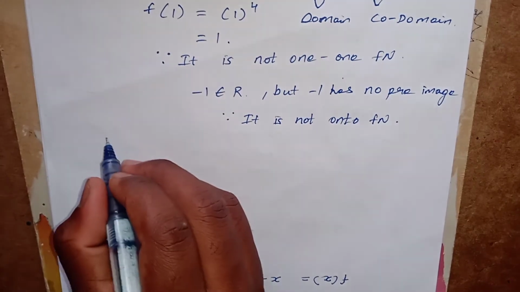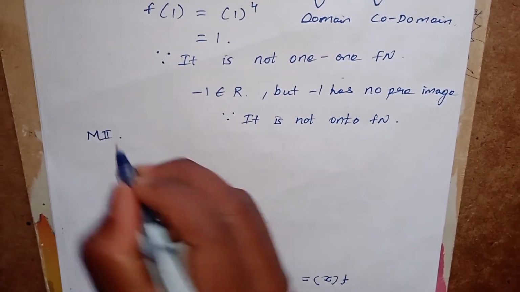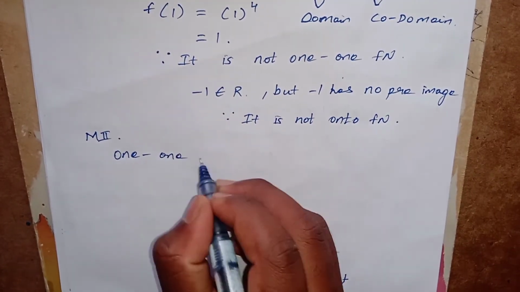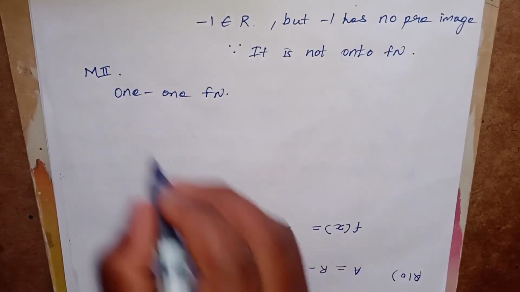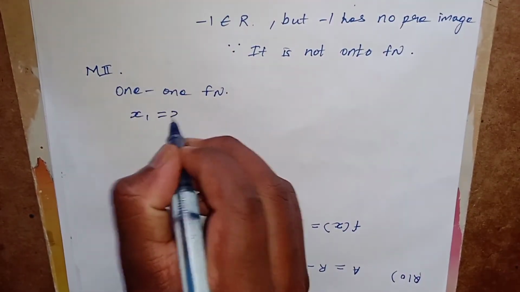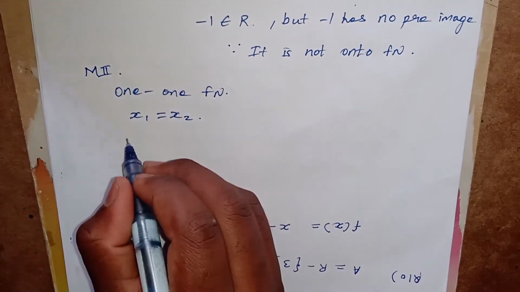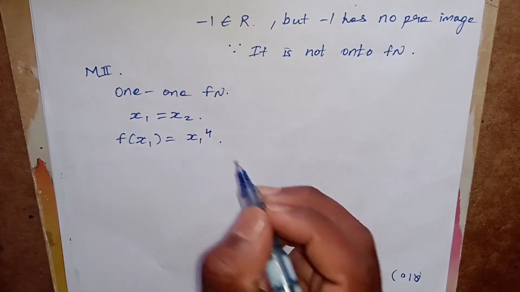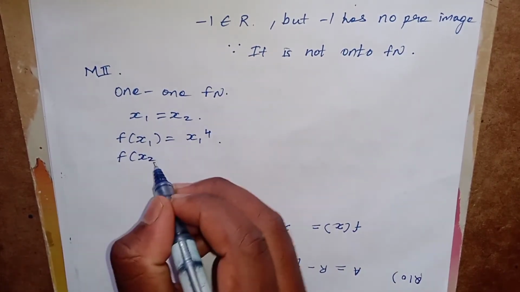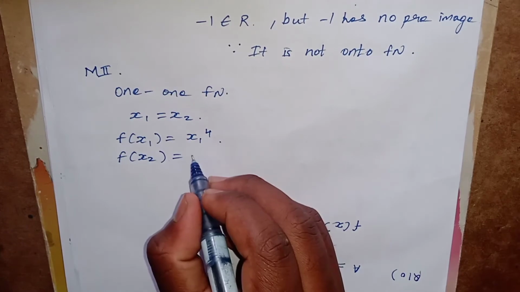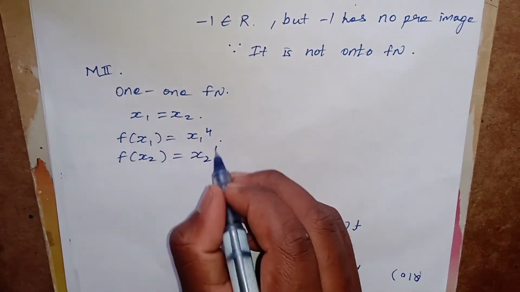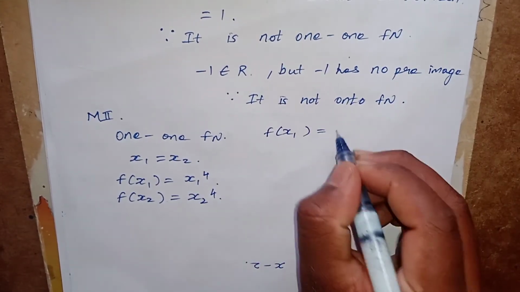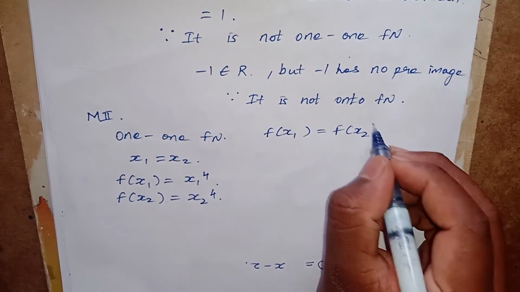By the definition, method 2 I am teaching. For one-one function you have to check x1 equal to x2. Here f of x1 equal to x1 power 4, f of x2 equal to x2 power 4. Therefore f of x1 equal to f of x2.